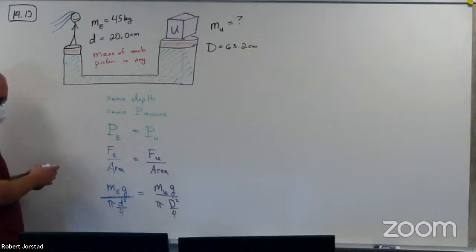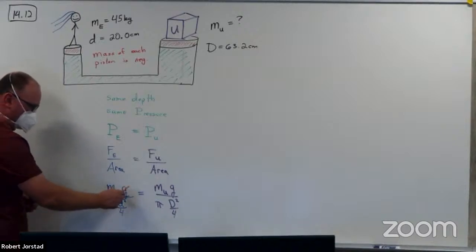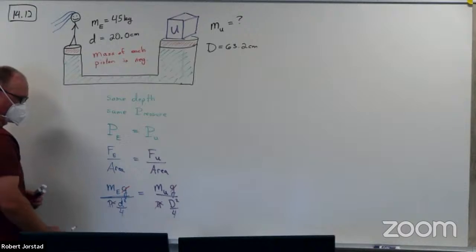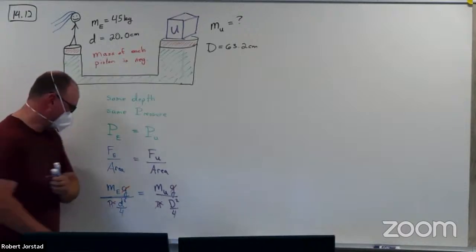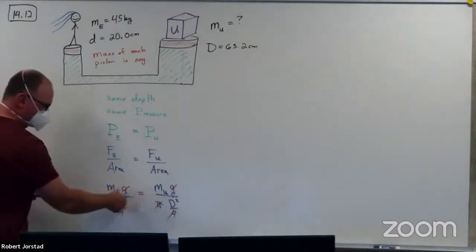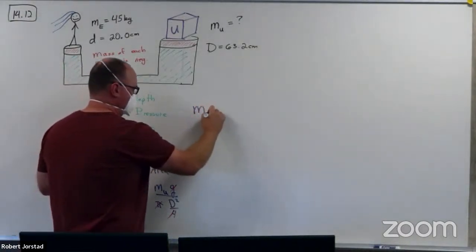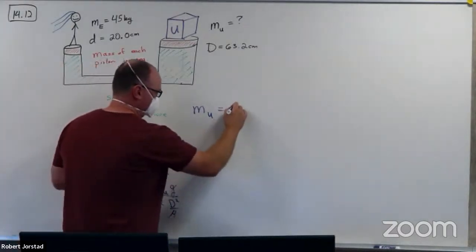When I work all this out, what's going to drop out at this stage? G, what else? Pi, what else? I'm golfing, I'm about to swing, I say. Now, when I rearrange this, notice we get these diameters squared. The mass of uranium is equal to the mass of Esme times some factor.